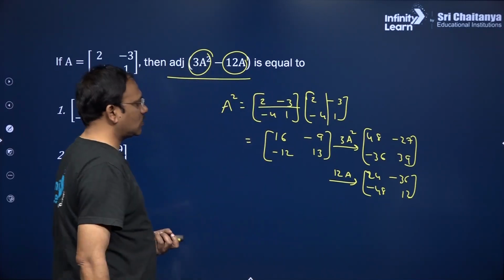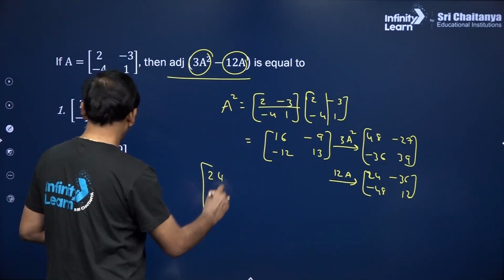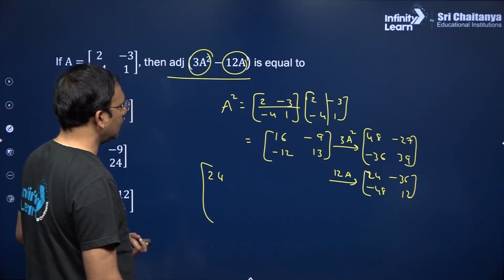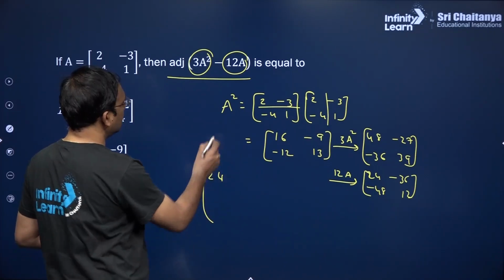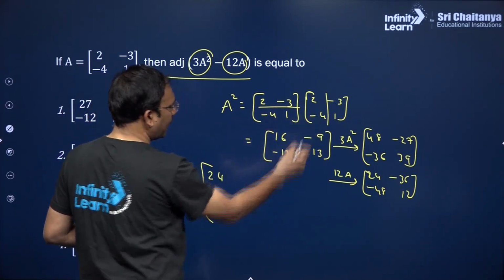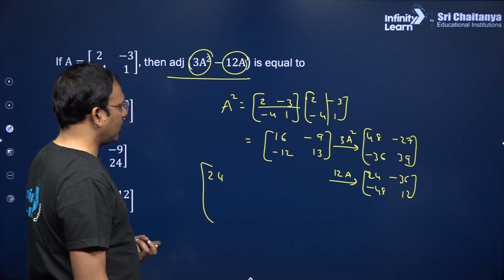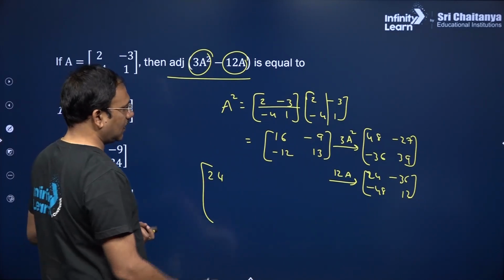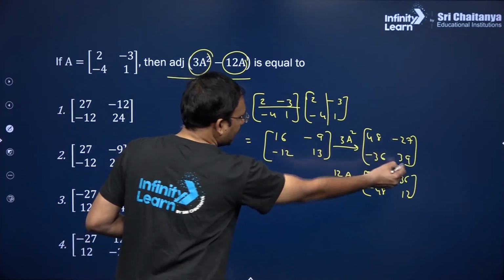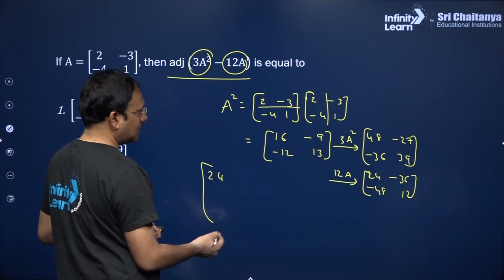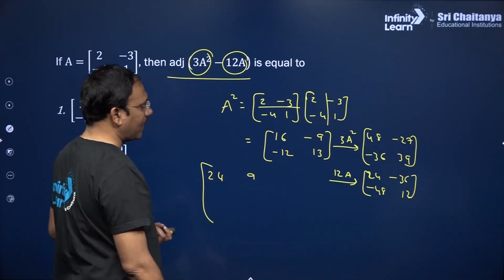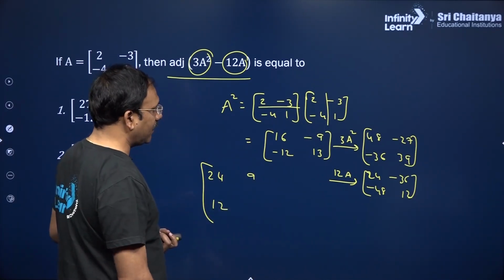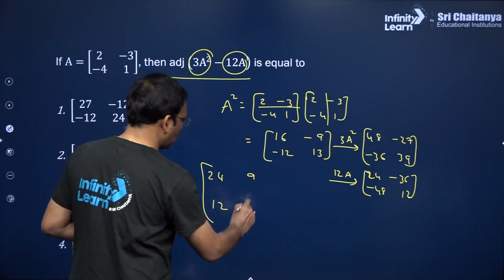So 3A square minus 12A, you just subtract, my dear friends. 24 you are going to get here. So first element is going to be, this is 3A square, this is 4 plus 12, 16 into 3, 48 minus this, you are going to get 24, and next element, my dear friends, minus 27 plus 36, it is going to be 9, and minus 36 plus 48 is going to be 12, and this is the last element, 39 minus 12 is going to be 27.